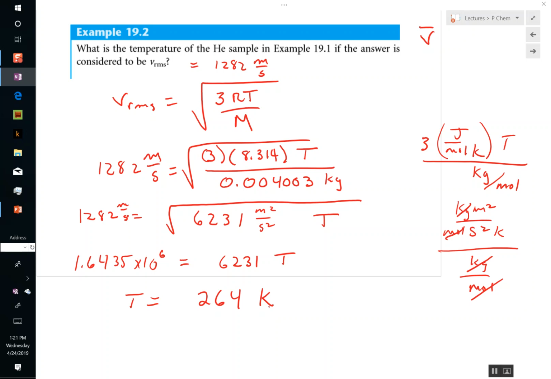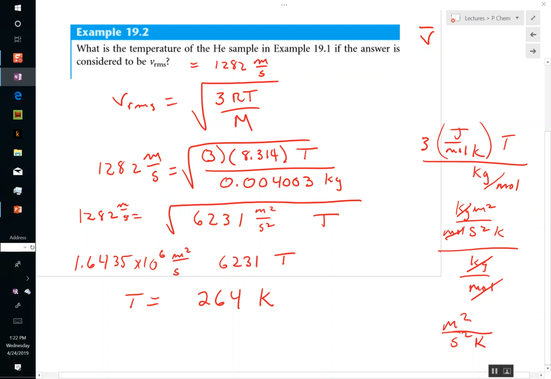This ends up being meters squared per second squared K. You're going to square this, so you have that unit in the K. If you divide this into that, the meters squared per second squared cancel out.